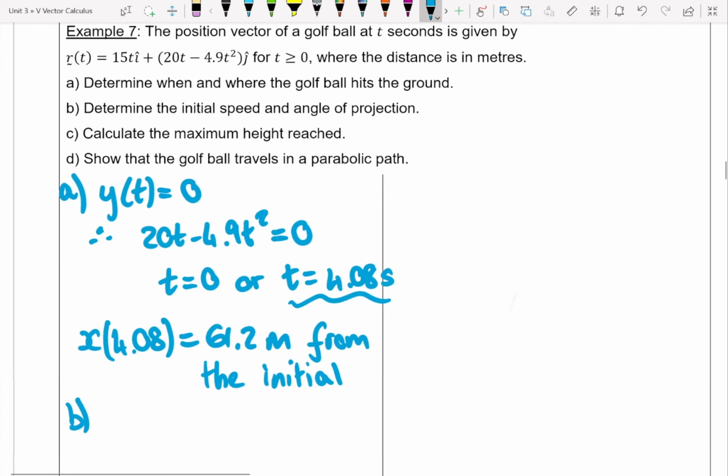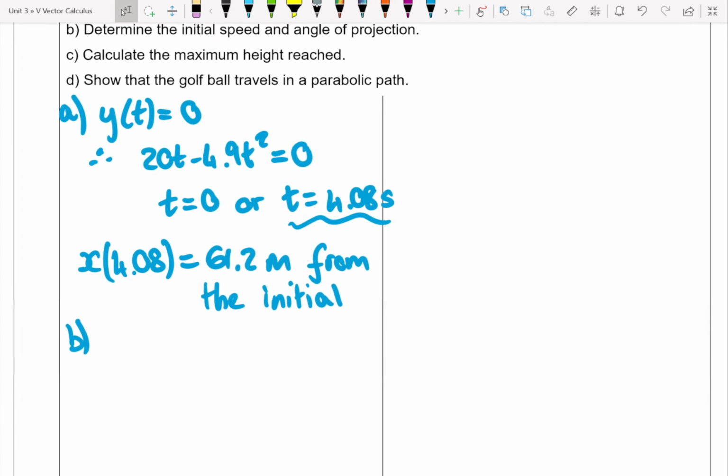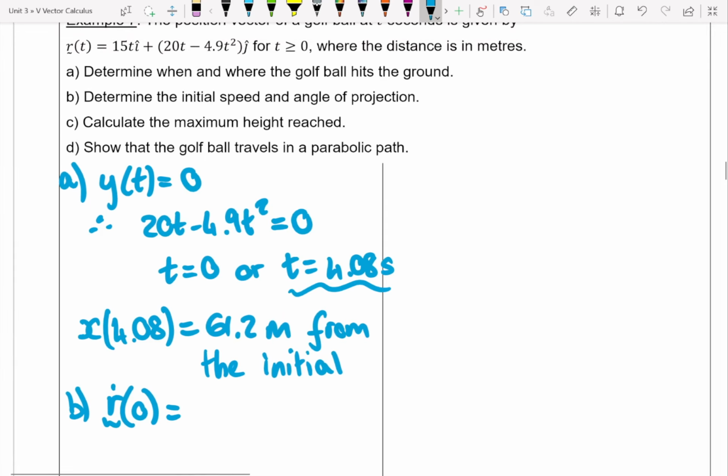Okay, part B, determine the initial speed and angle of projection. So to determine the initial speed, we need to find r dot 0. So that's the speed at t equals 0. So r dot is going to be 15i plus 20 take 9.8 times t j.